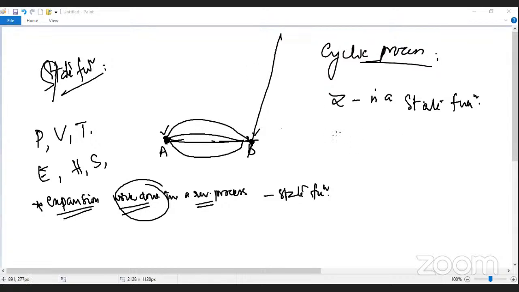What about the change in that state function in a cyclic process? Think carefully.